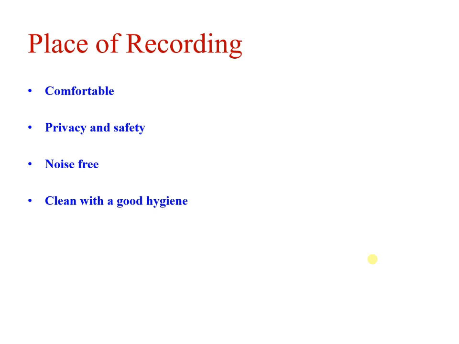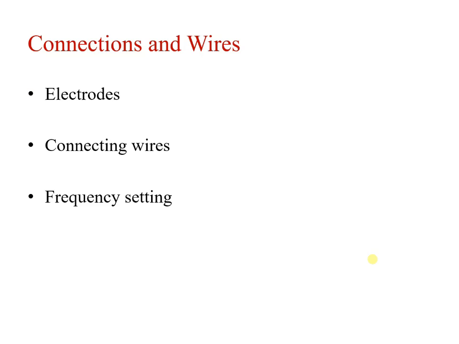Then you must ensure the connections are in their proper places. The electrodes you are using must be of the same type. Then ensure the connection of the wires or USB cable if any, and then the frequency setting.